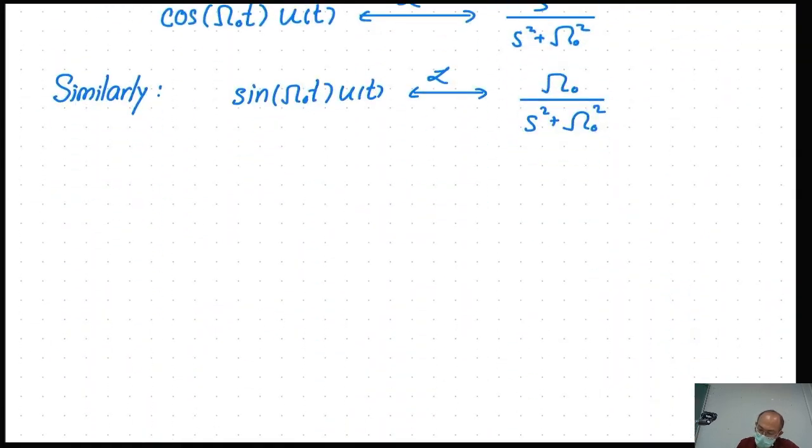Okay, now the next one, sorry, that was the first one, the linearity. The second one is called time shift.